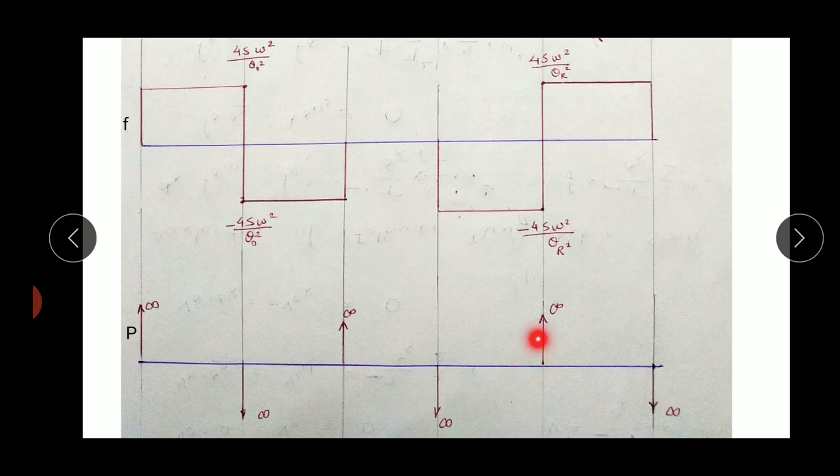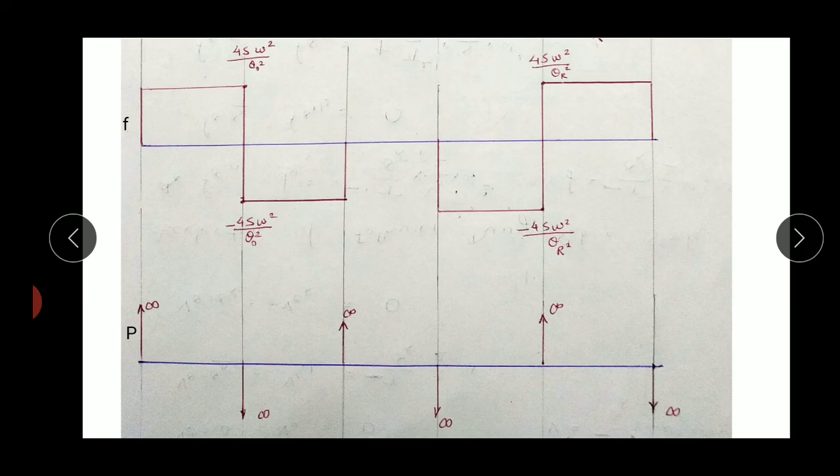So infinite positive jerk is required in the upward direction. Similarly, at the end of the return stroke, you can observe there is again a vertical line, that means its slope is again infinity and it is in the downward direction, so its slope or its jerk is a negative infinite value in the downward direction.